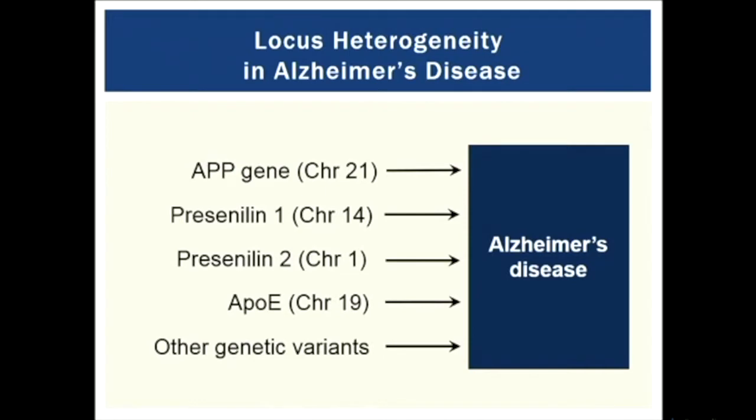That's a situation where the allele is a risk factor. There are lots of people who have an ApoE4 allele and don't develop Alzheimer's disease, and there are many people who don't have an ApoE4 allele who do develop Alzheimer's disease. It's a risk factor. And we know of many other genetic variants that also are associated with increased risk.